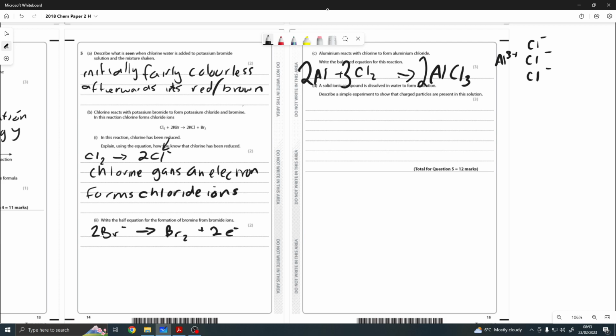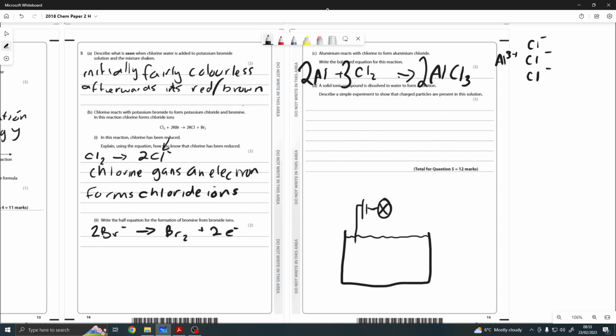A solid ionic compound is dissolved in water to form a solution. Describe a simple experiment to show that charged particles are present in this solution. So what you would do is you would get your solution. Yep, you would stick a cell with a bulb, okay, a bulb and a battery in it.